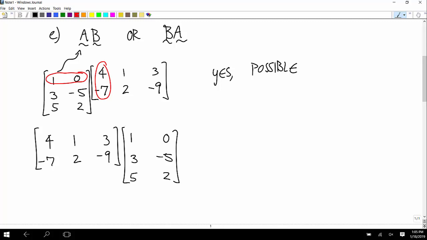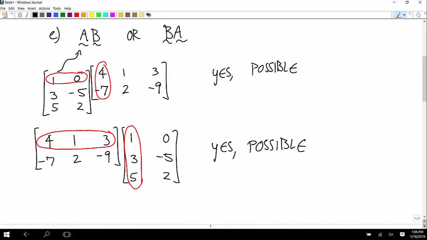Dot products here are those rows dotted with these columns. Those aren't the same length as the vectors that we're taking the dot product between in the first case, but they're the same as each other, so you can still do it. So this is also possible.